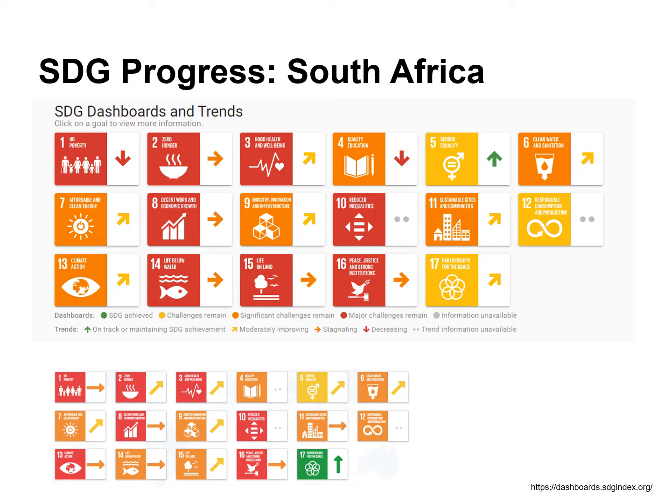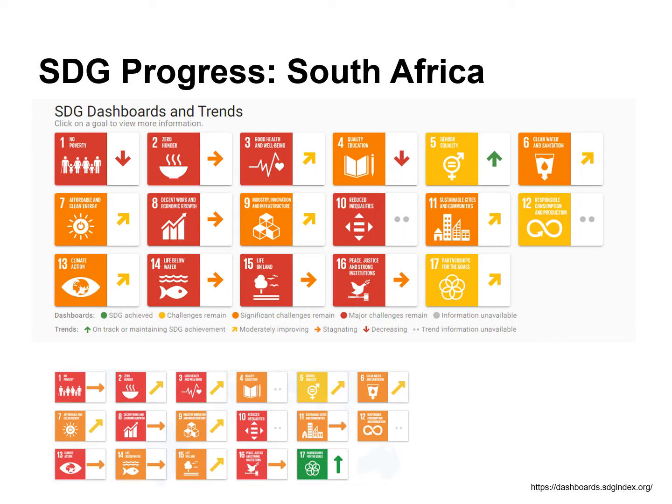Firstly, the Sustainable Development Goals are 17 goals that have been agreed on by most countries, developed by the UN and being tracked by the UN. There are some very nice websites that you can use to look at progress.